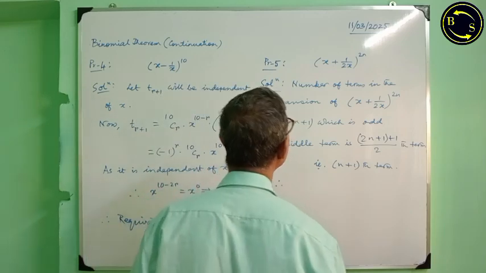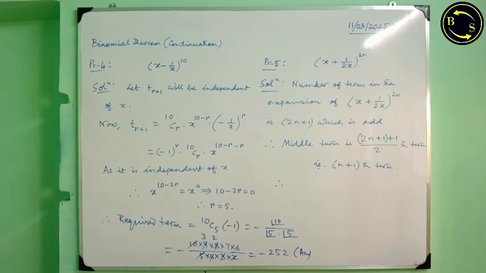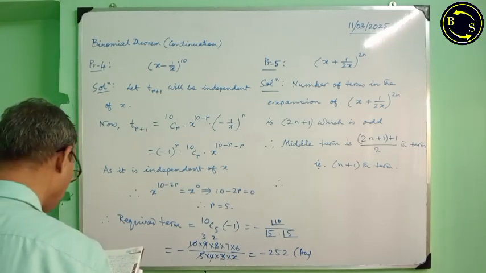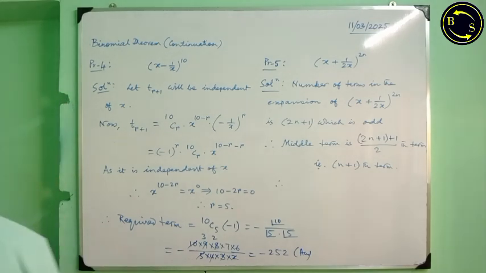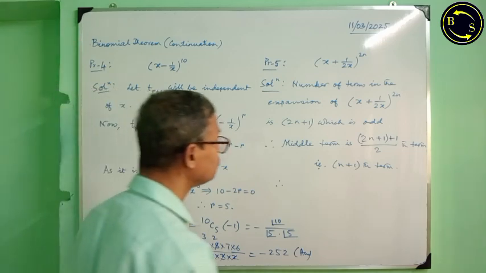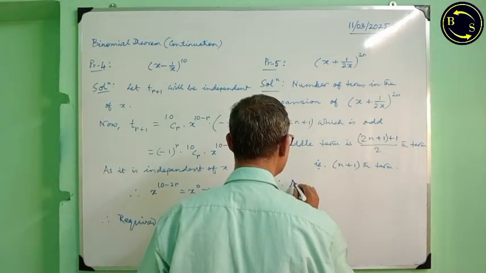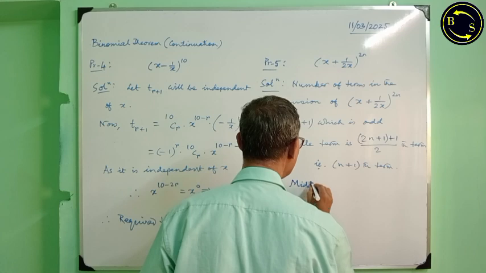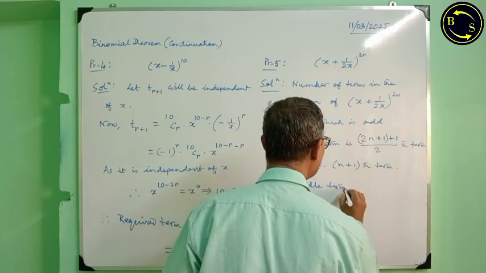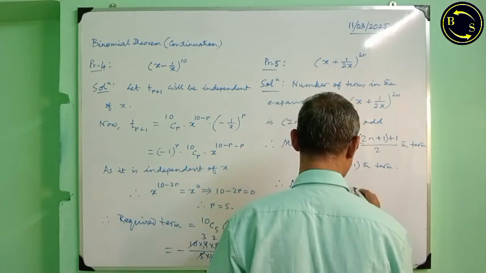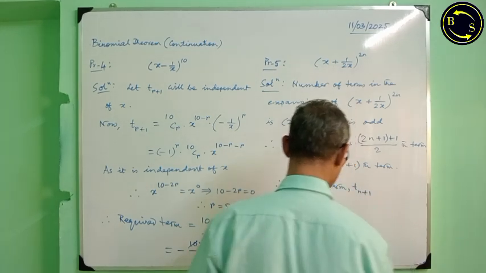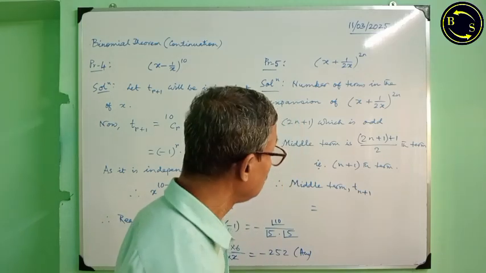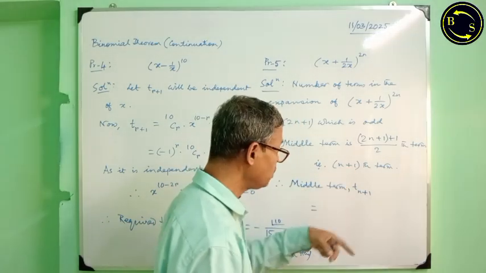Therefore, the middle term t n plus 1 is equal to, already we have got the n plus 1th term is the middle term.